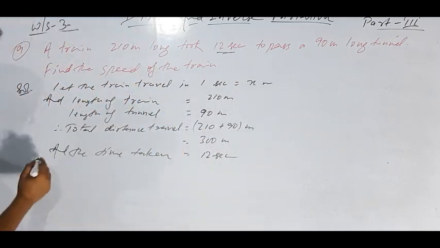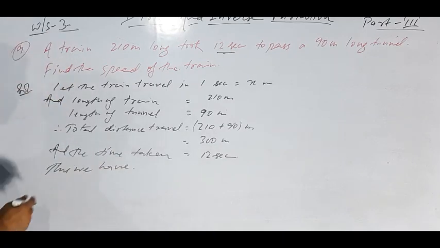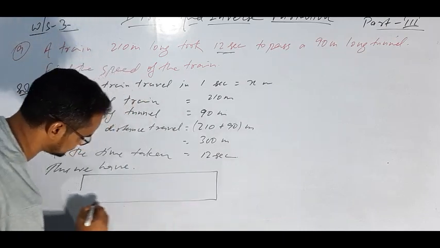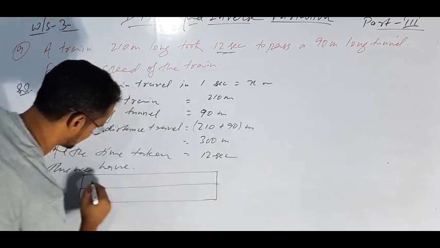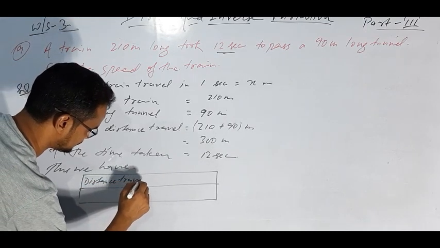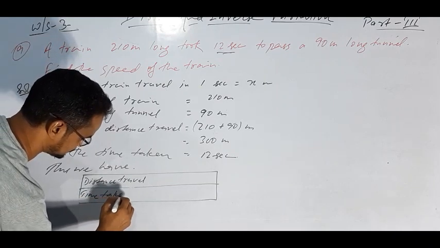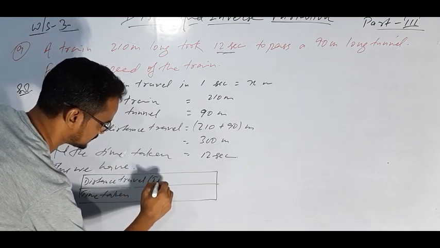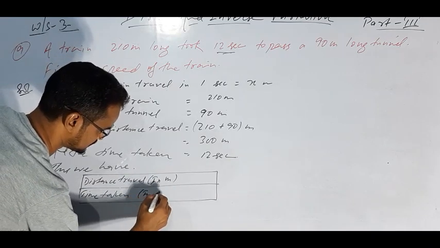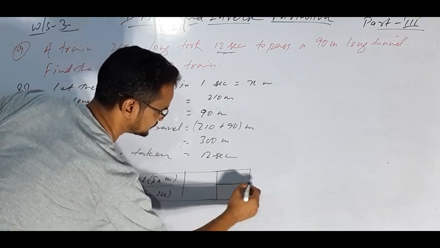Thus we have the following table. Distance travelled is in meter, and time taken is in seconds. We will proceed with this table.